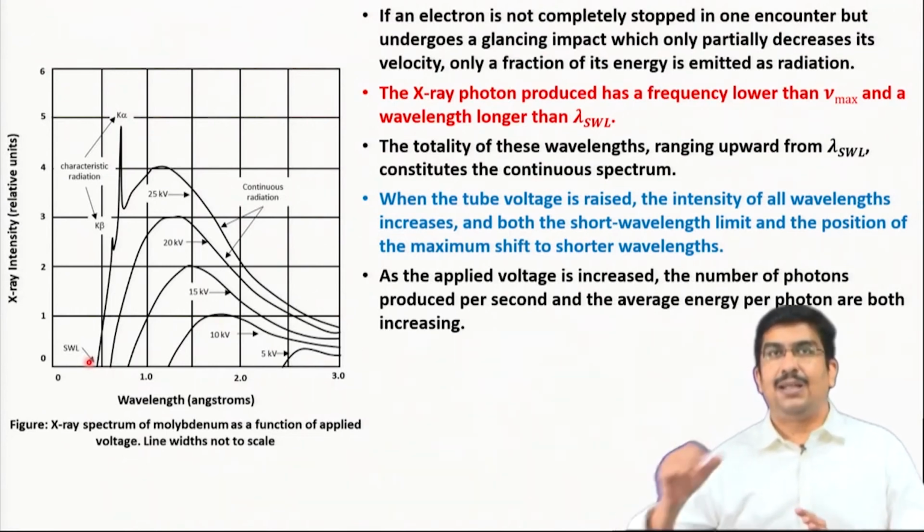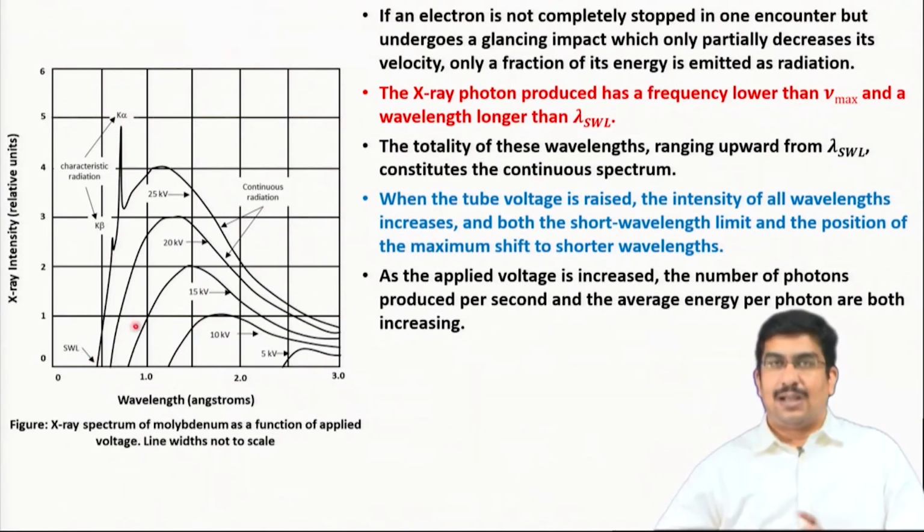Now, what is happening here? As we already said, electrons are not completely stopped in one encounter, but undergo glancing impacts, and that is producing X-rays of continuous spectrum.